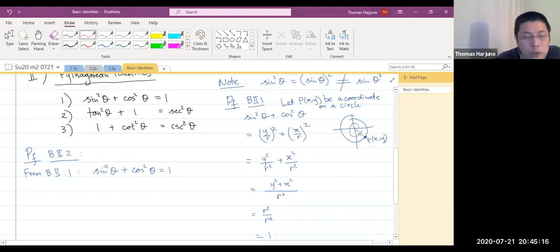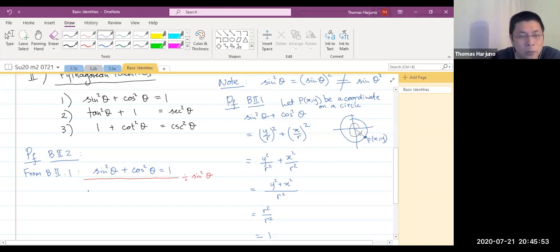There are many ways to prove this second identity in this group. One of them is to use the coordinate on the circle. The second method is to use the formula that we have proven. That's the beauty of math: instead of doing everything from scratch, you can use the identities that we already validated earlier. This time I will divide by sine squared theta.